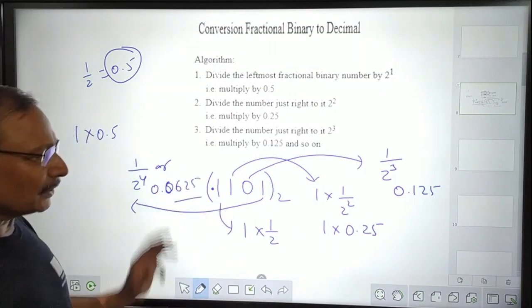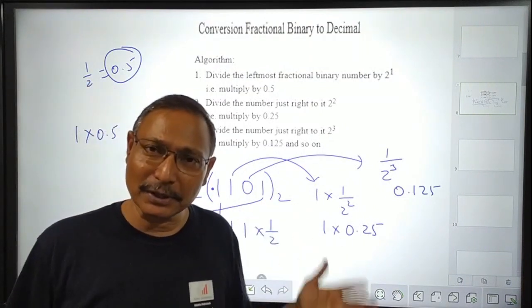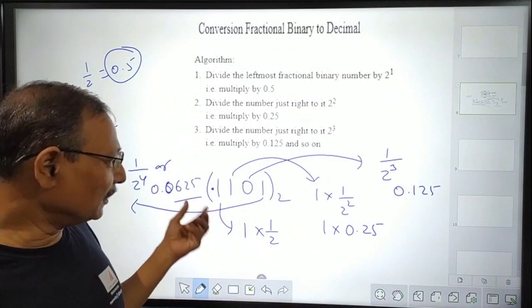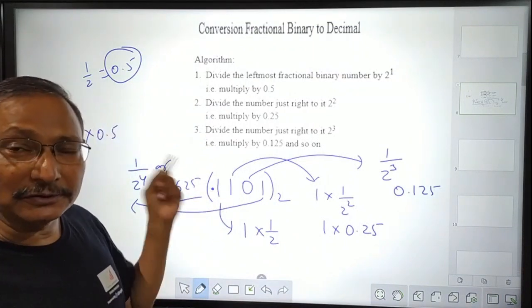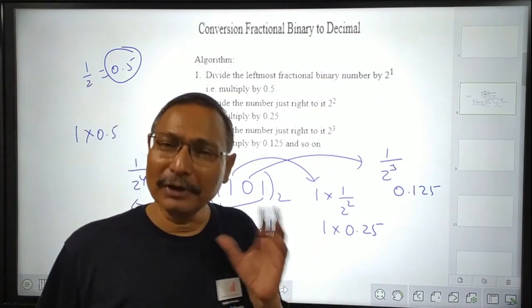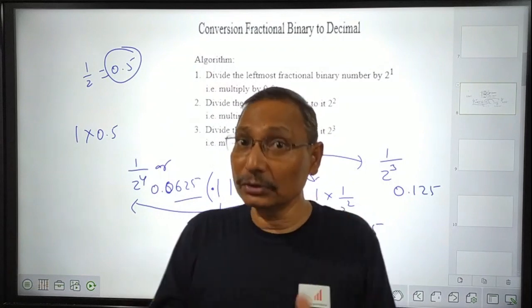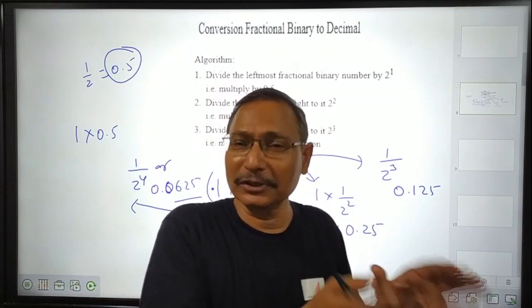So in this manner, in this process, we can get the place values of these binary digits, these bits, and after that we will add them to get the conversion of this binary fraction into a decimal fraction.